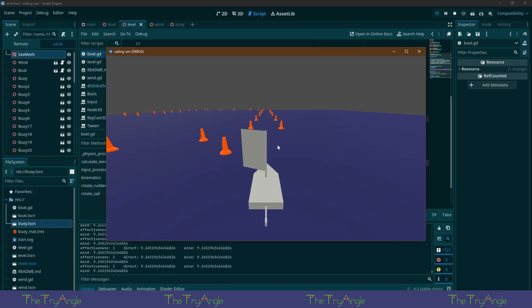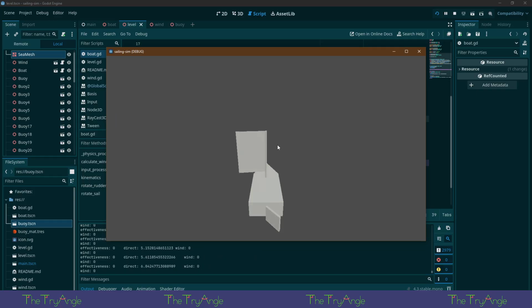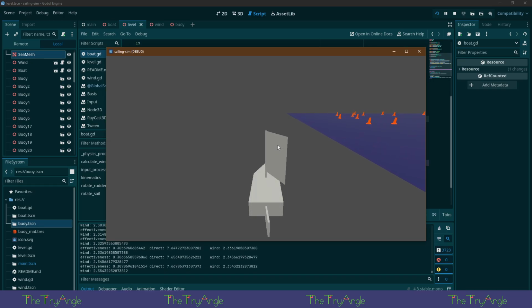It's always positive, which is good. Yeah, we won it, and now it's probably in the dead zone. Yep, and it's back. Still moving backwards.